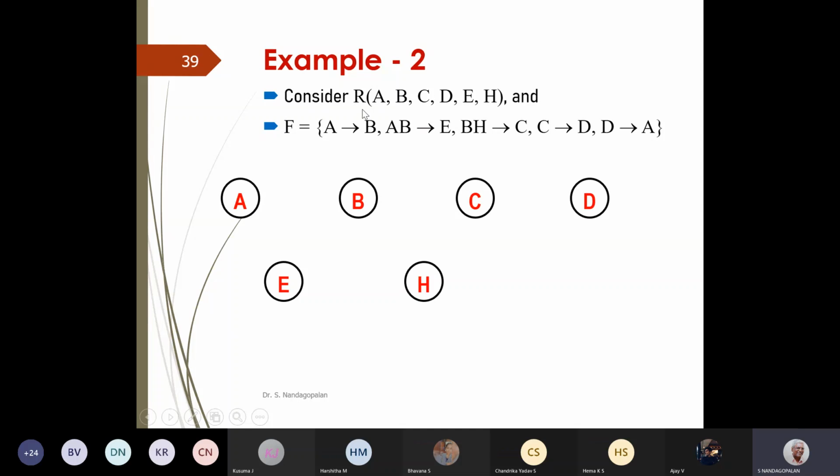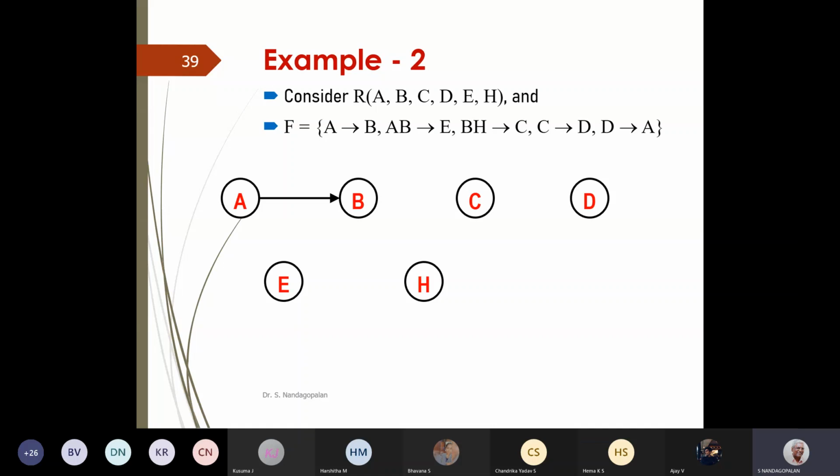Right, so we have here again 6 attributes and these are the FDs given. So first FD is A arrow B, so we just draw an edge from A to B. If any doubt is there, you can raise. So it's very simple.